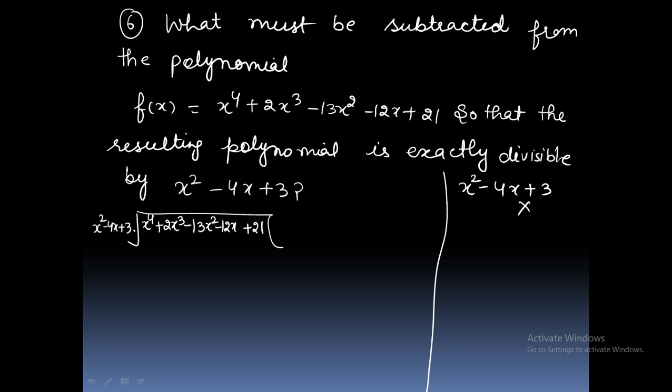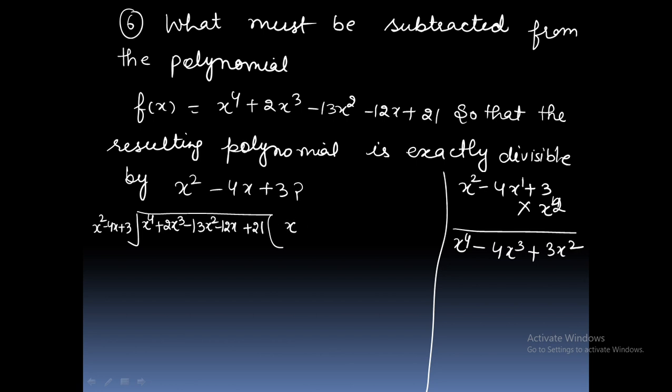First of all, we have to make power 4. Then we take x raised to power 2 here. x raised to power 4 because base same, power plus. 4 multiply x raised to power 1, base same, power plus. Plus 3x raised to power 2.